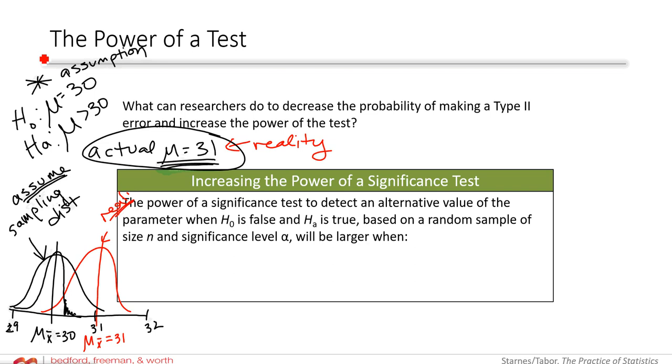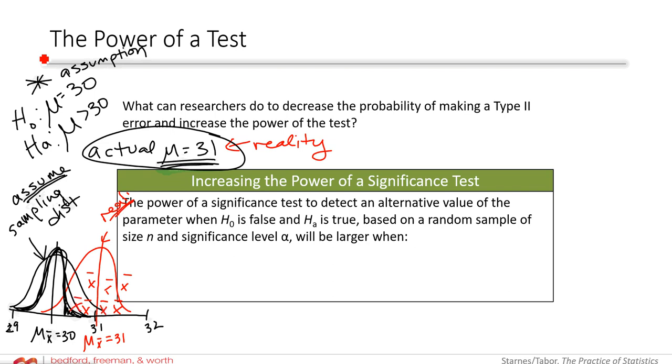So what happens here? One of my X bars, I think it's going to occur according to the second black curve that I drew, the skinnier black curve, because we're talking about increasing our sample size. And let's say that alpha is 0.05, that little black rejection region that I drew there. But in reality, when I actually go out and sample, my X bars are going to be centered over here around this 31 value.